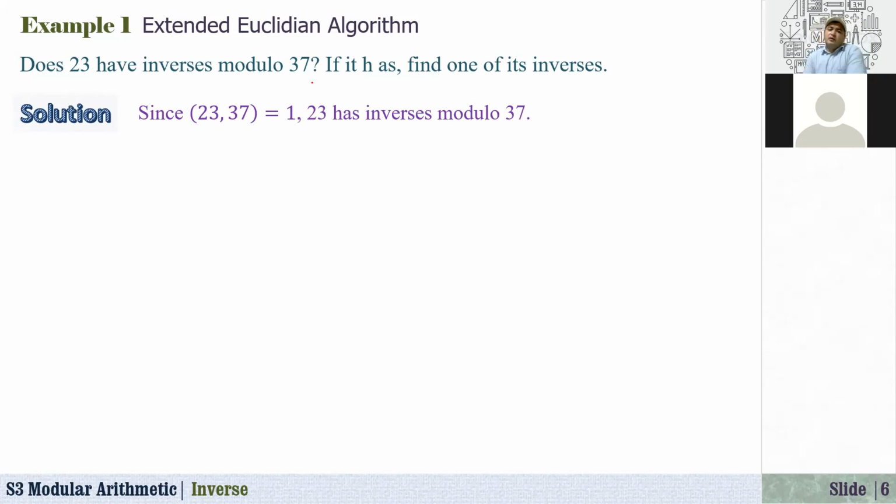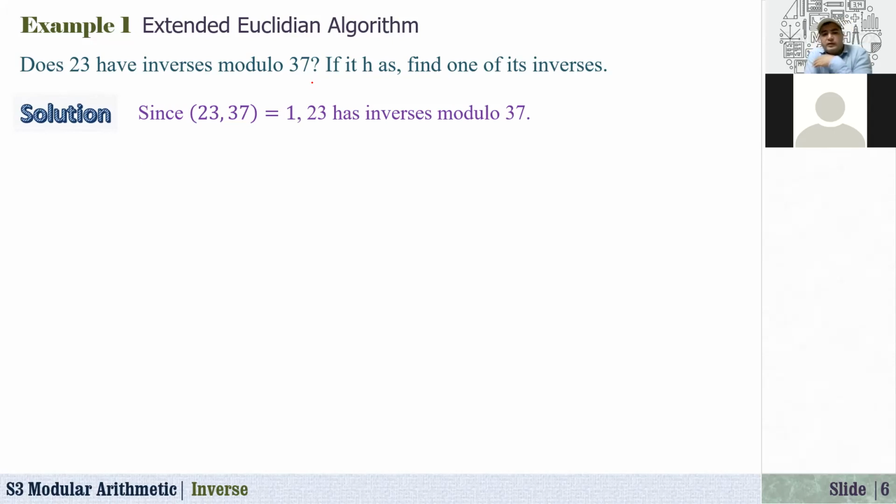Relatively prime means the only common factor of these numbers is 1. Since the highest common factor of 23 and 37 is 1, 23 has inverses modulo 37. That is the answer to the first part of the question.